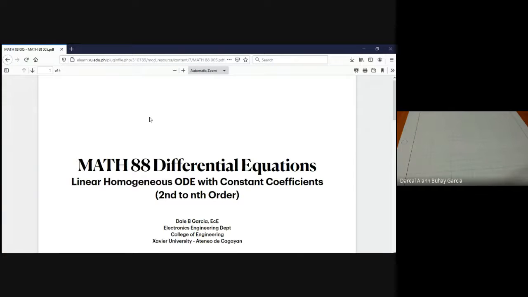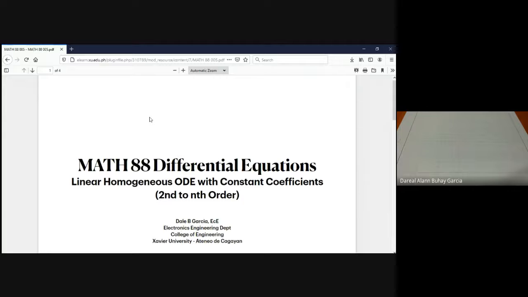So truth be told, kani nga topic ang pinakasayon sa tanan sa DE, no? Marami siya algebra gyud. Linear homogeneous ODEs with constant coefficients. We want our given problem to be of this category.